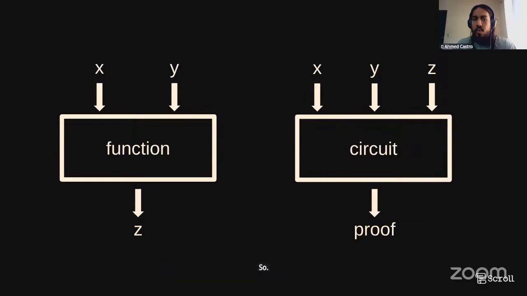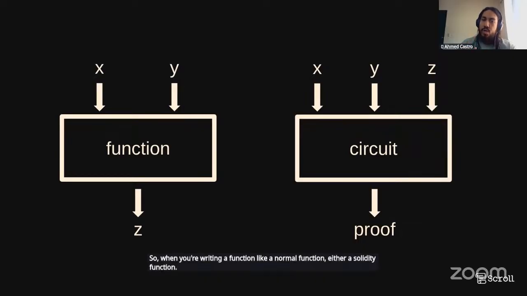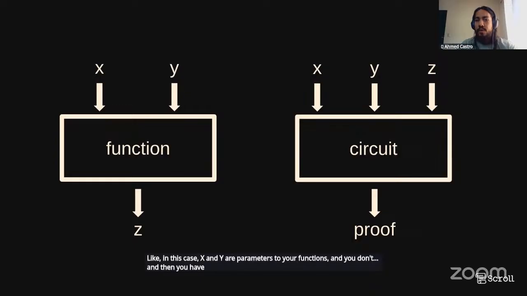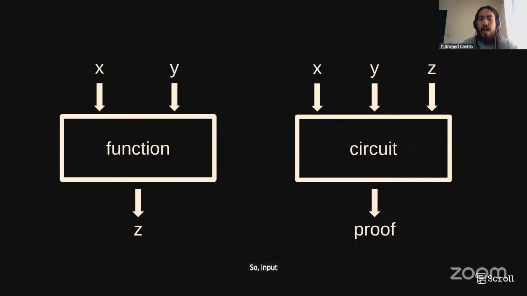When you're writing a normal function, either a Solidity function, a front-end function, a backend, whatever you do, you think of functions like in any programming language. You can have parameters, like in this case, x and y are parameters to your function, and then you have the return values. So input, process, output. That's how we think as developers.